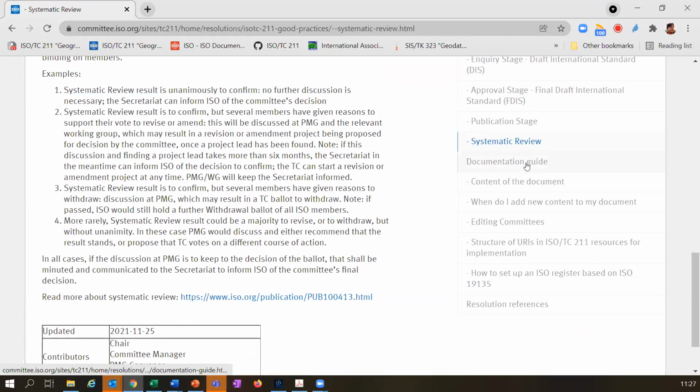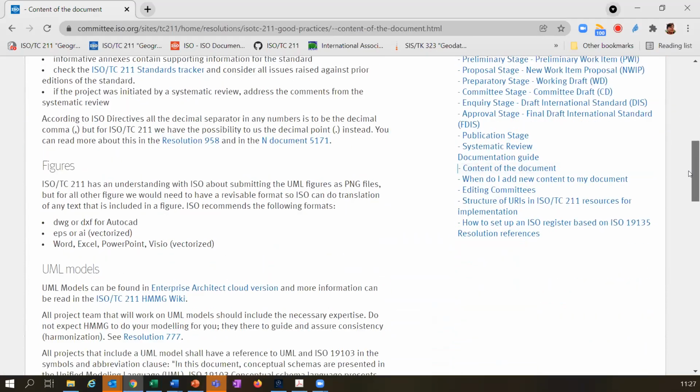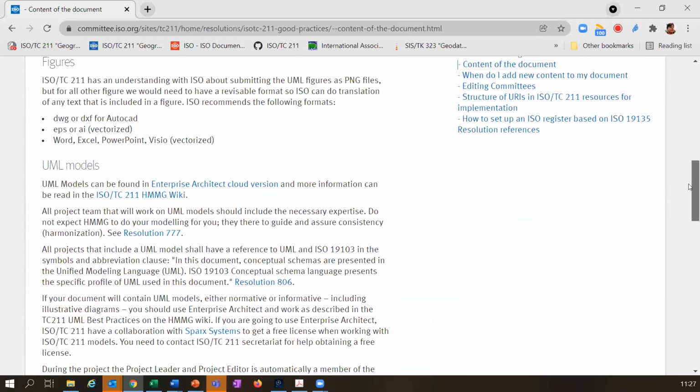Then, of course, what's happening in the document, the content of the document, about the figures.